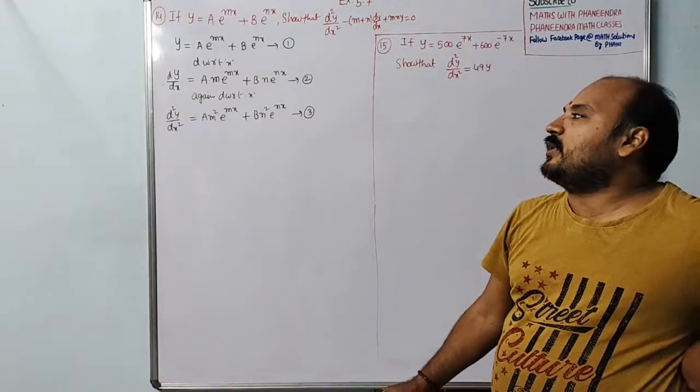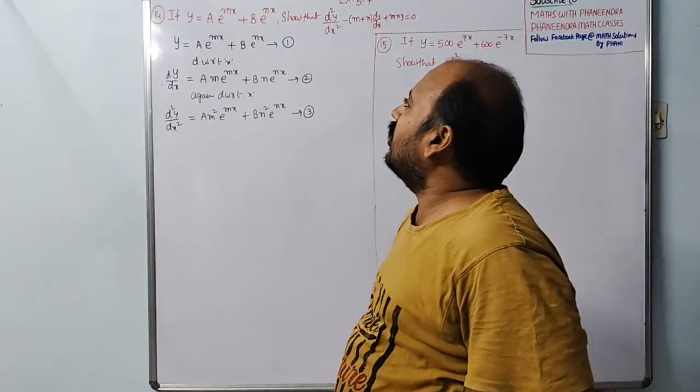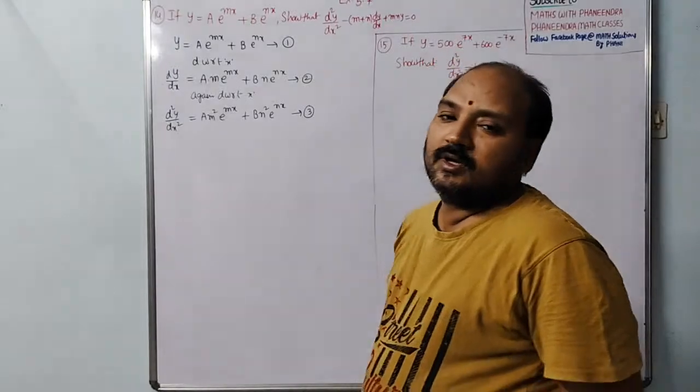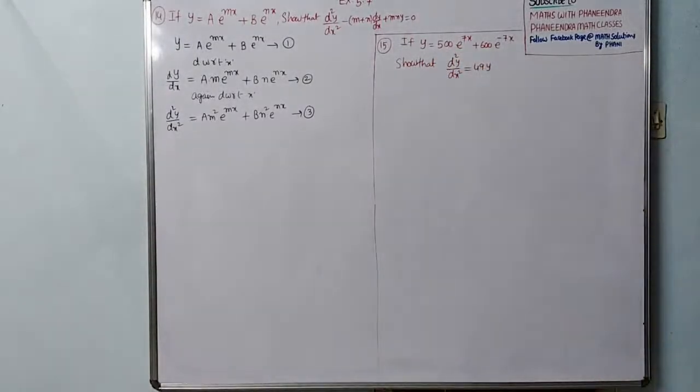From these three equations, we need to eliminate the arbitrary constants. In what way we can do? Anyone? Just make a comment.